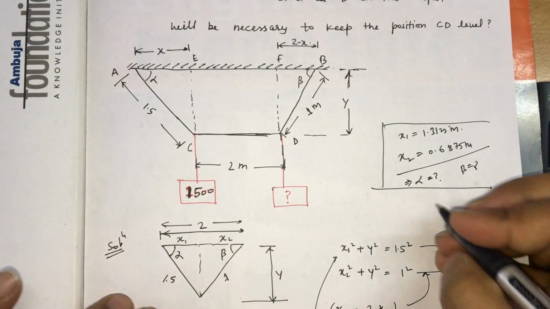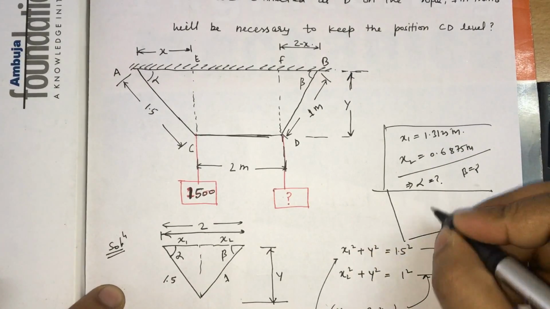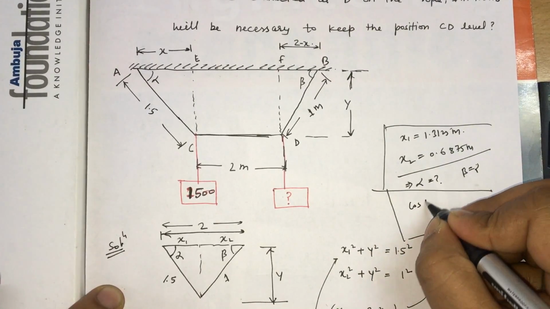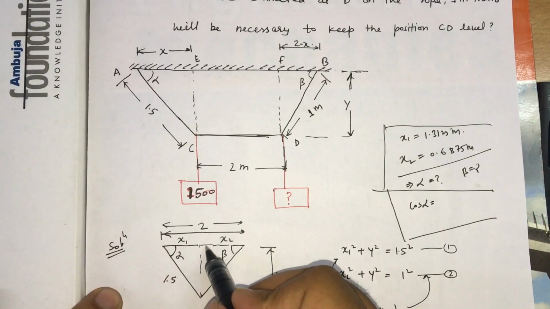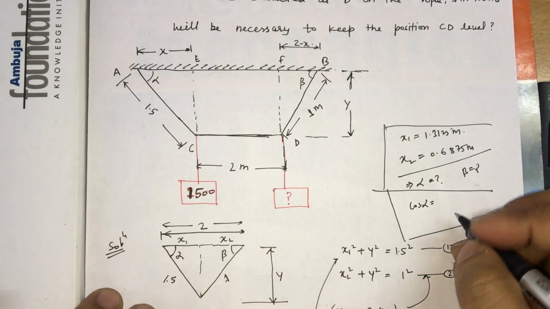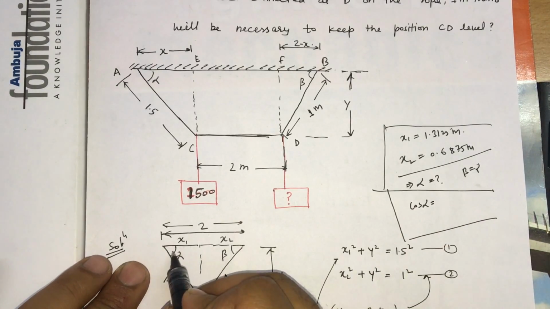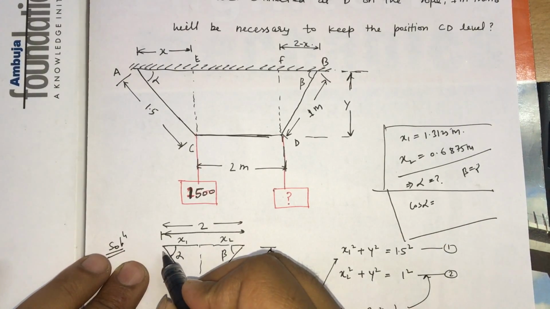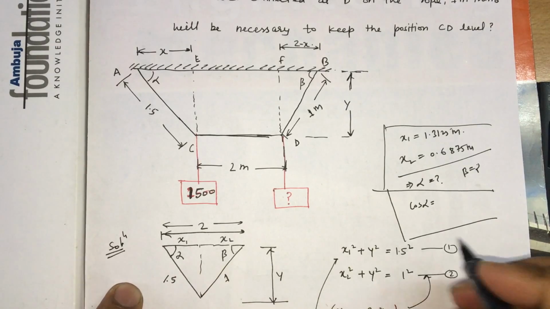So alpha and beta, I write here alpha, cos alpha. This is perpendicular, okay. This is cos alpha, this is x1 and 1.5, base over hypotenuse.